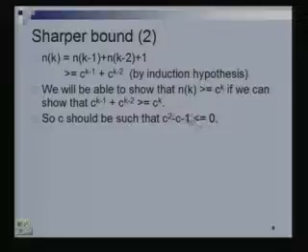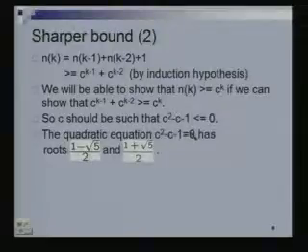So, I just have to pick a c which satisfies this. Right, and you all know how to figure out a c which satisfies this. So, we will just solve this quadratic equation. This has roots, right, 1 minus root 5 by 2 and 1 plus root 5 by 2. This is negative.